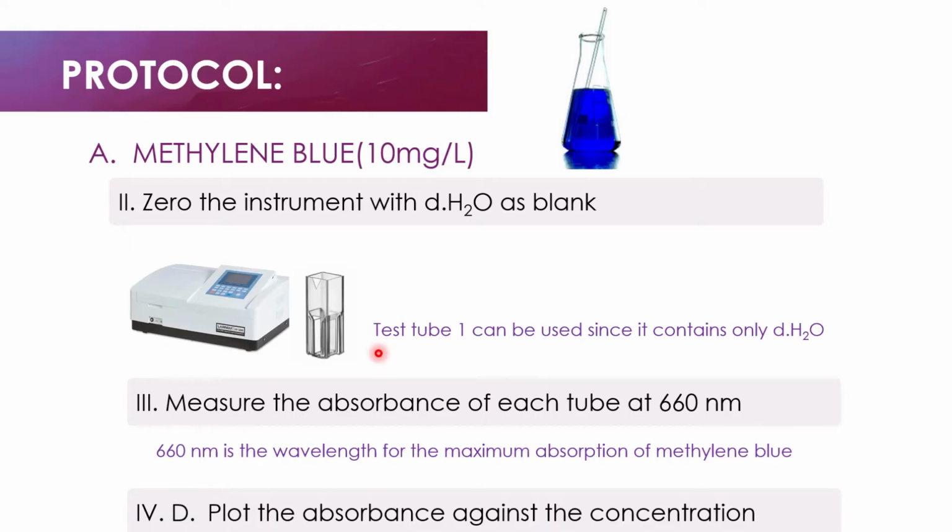So after zeroing the instrument with distilled water, we measure the absorbance of each test tube at 660 nanometer, and this is because 660 nanometer is the wavelength for the maximum absorption of methylene blue. So when we are done with this, we plot the absorbance values obtained against the known concentrations.